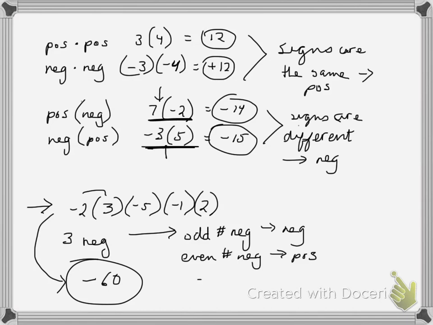If you have different signs, when you only have 2, 1 positive and 1 negative, or the first one negative and the second one positive, your answer will be negative. And when you have 3 or more, count up the number of negative signs. If it's an odd number of negative signs, then the answer will be negative.